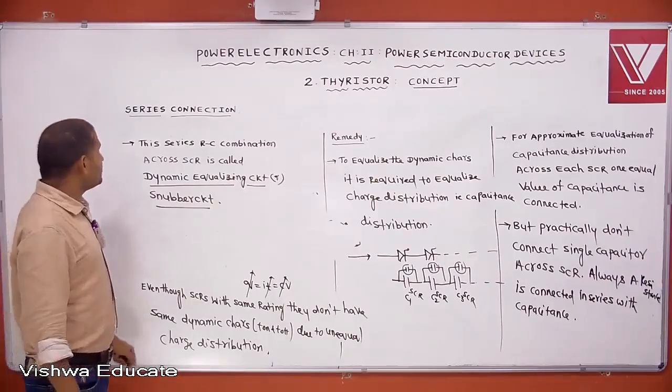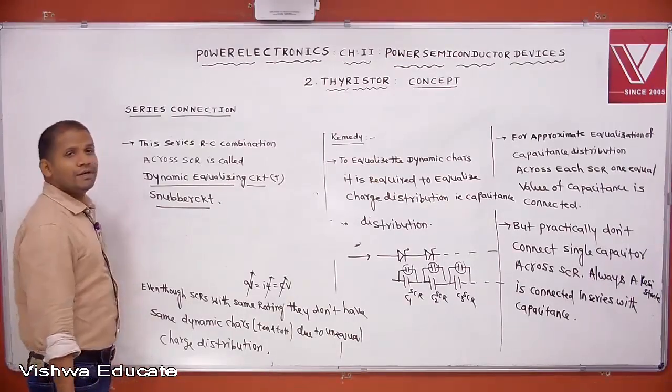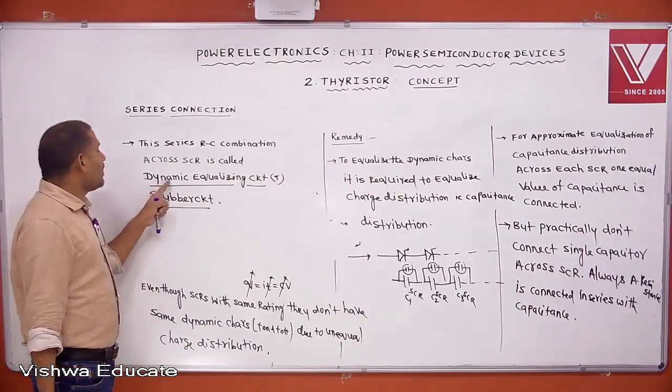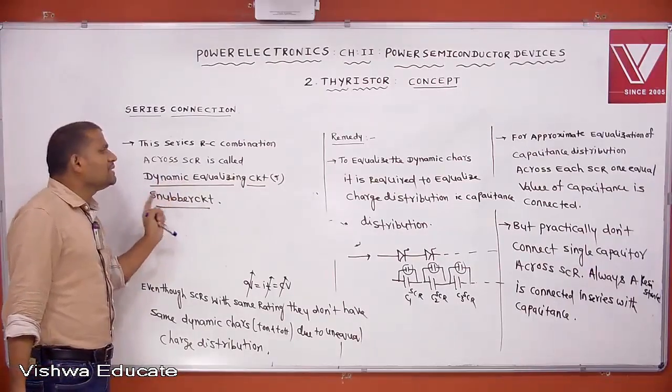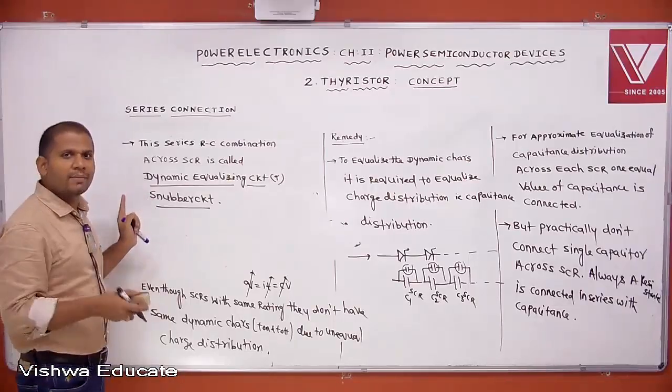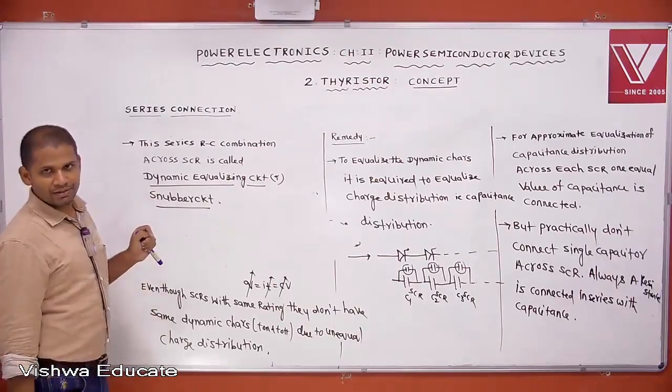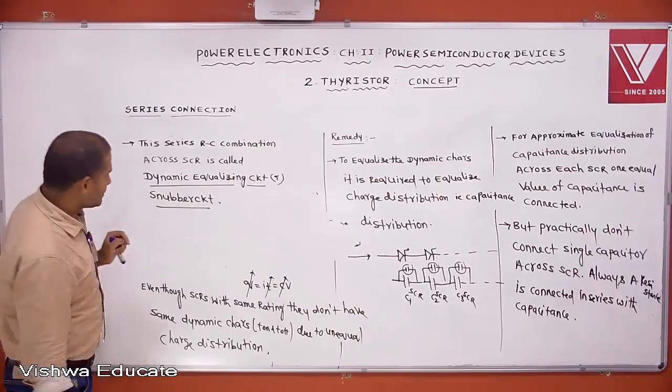Now the question is how to calculate this dynamic equalizing capacitance. Whatever capacitance we connect in the dynamic equalizing circuit is called the dynamic equalizing capacitance. Then how to calculate it? That we will see.